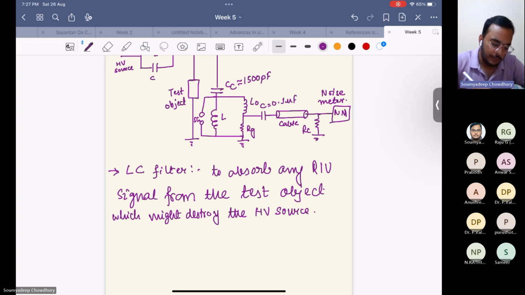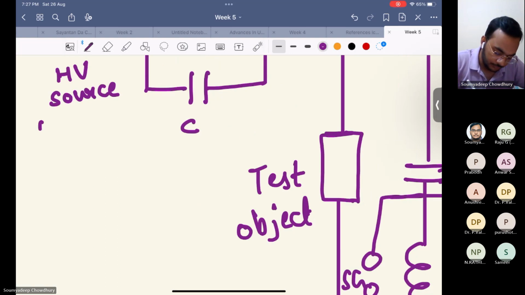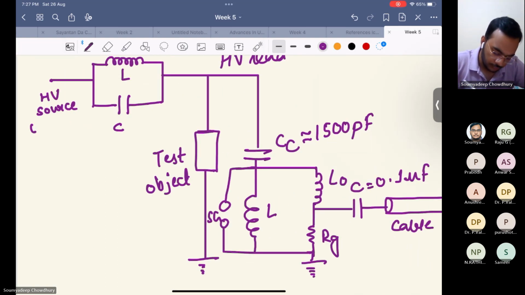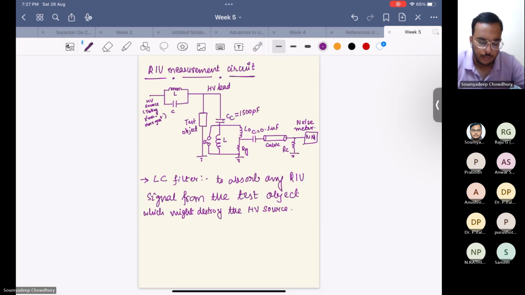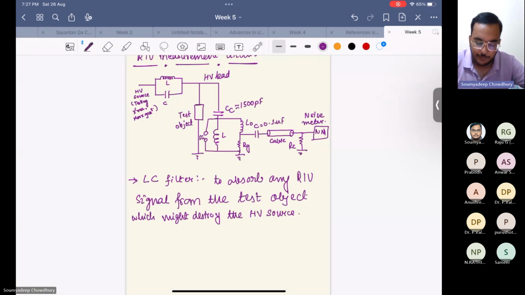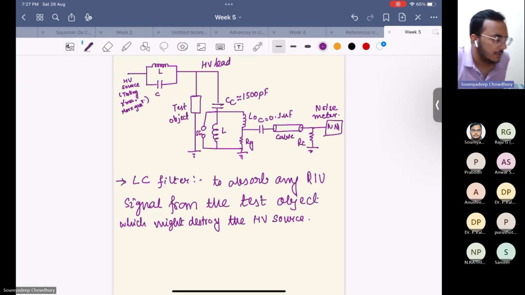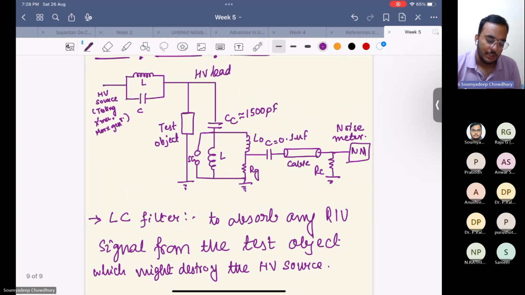This high voltage source can be a testing transformer, or you can have a Marx generator. So the RIV signal which is generated from this test object will not be transferred to this filter side.